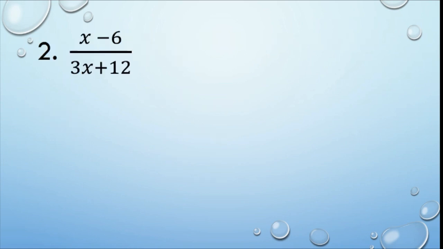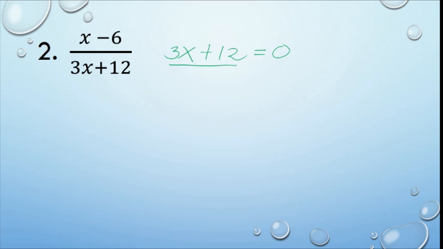Next, number 2. We have x minus 6 over 3x plus 12. Now, as I said a while ago, the first thing that you need to do is to equate the denominator to 0. So it's like 3x plus 12 equals 0. Okay? Now, actually, if you're going to notice, we can factor 3x plus 12 by using the common monomial factor.